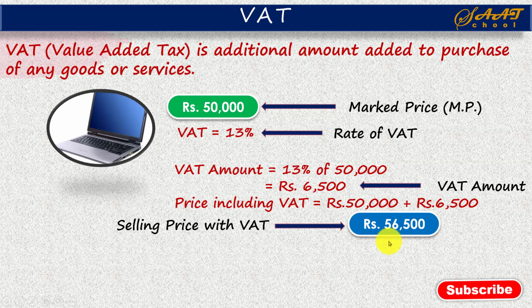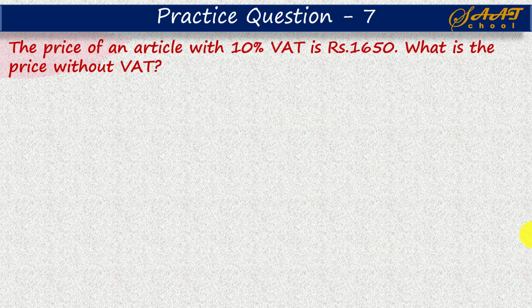Here is practice question 7, and the question is: the price of an article with 10% VAT is 1650. What is the price without VAT? Now, this amount includes VAT, which is 10%. You have to find the price without VAT, meaning you have to find the price before VAT, or you can say you have to find the mark price.